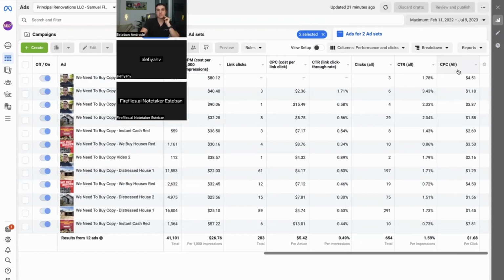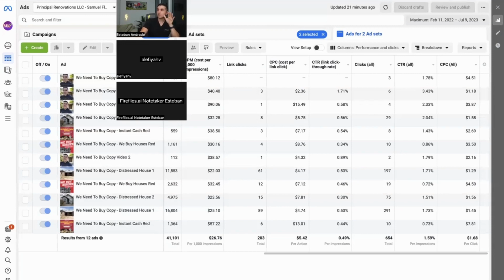Okay, what's cost per click all? Cost per click all includes all the clicks on your ad, whether it's the button, the image, or anywhere else. Could be also video.